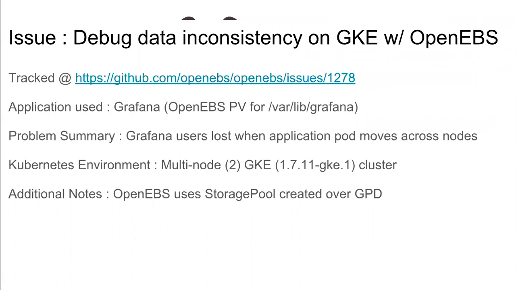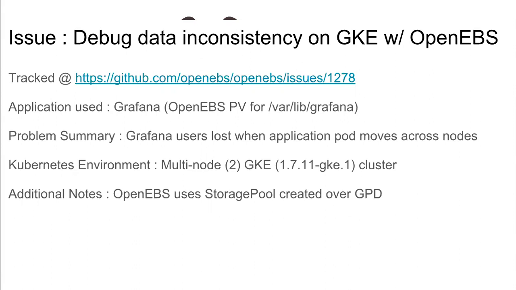When the first node saw a set of users, and the pod went to another node, it would see that those users which were created on the first node were not visible here. This was seen on a multi-node cluster in GKE, and the GKE node version used was 1.7.11.